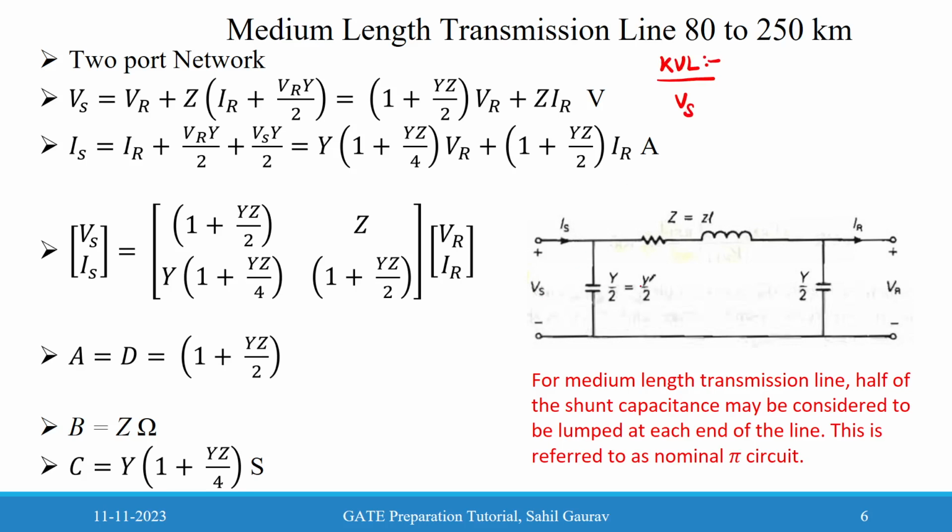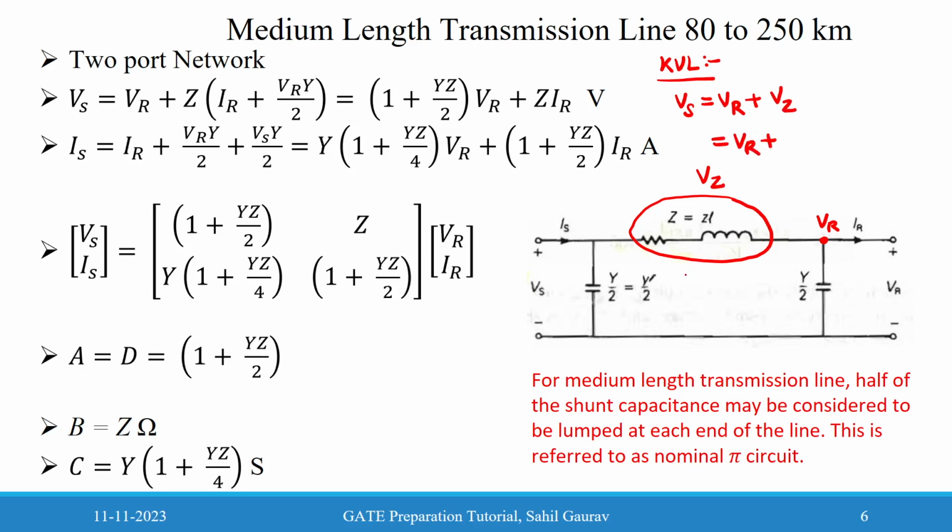Taking from this left hand side, Vs will be equal to VR plus the voltage across this Z, because this point is VR, right? You have to just write the voltage across this Z. So Vs equals VR plus VZ.